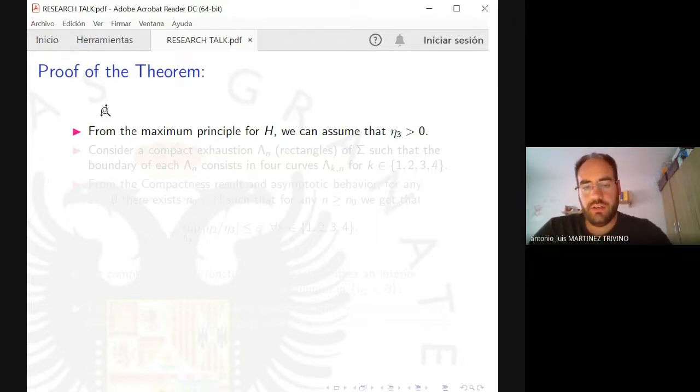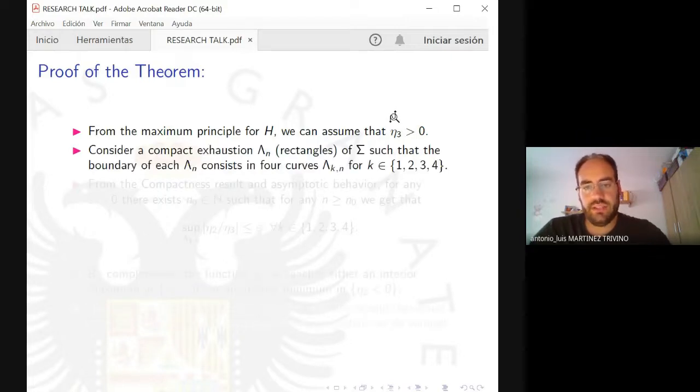Firstly, from the maximum principle for the mean curvature, we can assume that the angle function is positive. On the other hand, consider a compact region whose boundary consists of 4 curves.